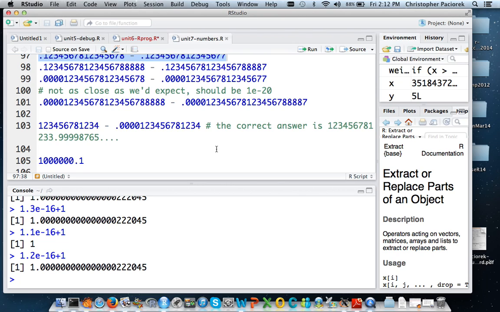One way of thinking about this is that real numbers on a computer are actually not continuous. They're discrete because we only have a discrete number of bits to store them in. So necessarily, there's only a finite number of numbers that we can represent.